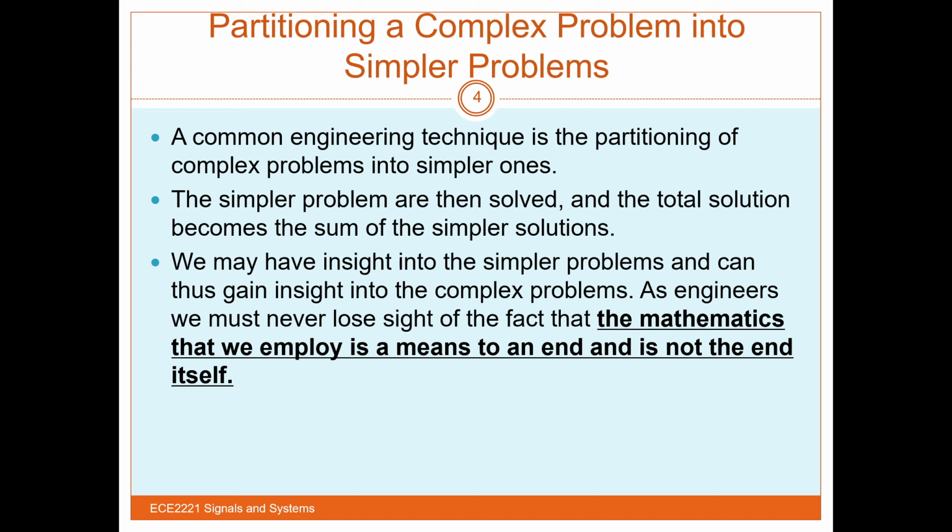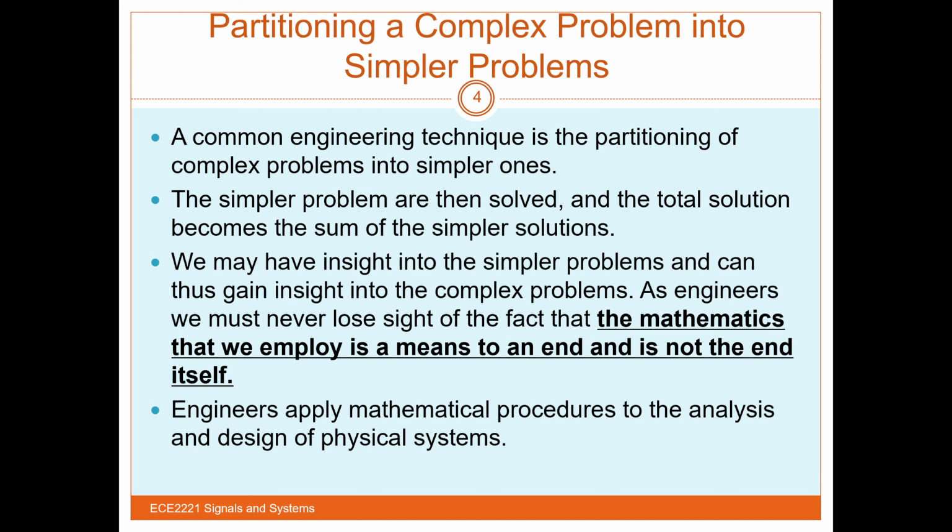Okay, so what we are going to do is analyze part by part, see the insight, and then combine it to become the complex problem. Okay, so mathematics will be a means to solve certain signal and system analysis. Okay, so that is our job as engineers, to use these mathematical procedures.